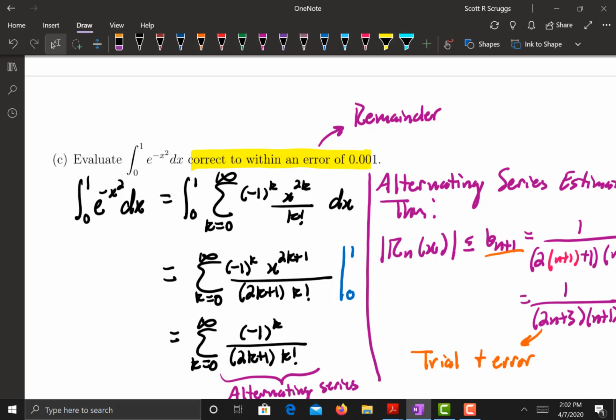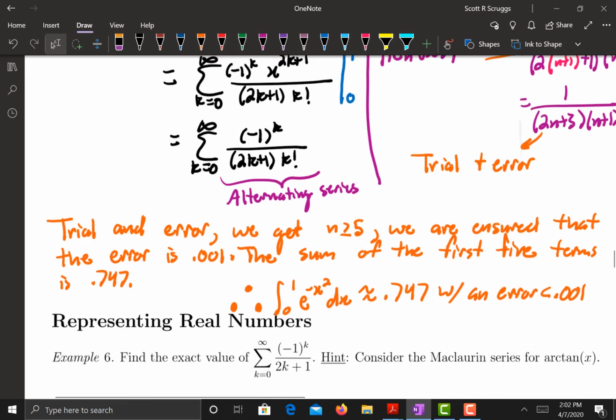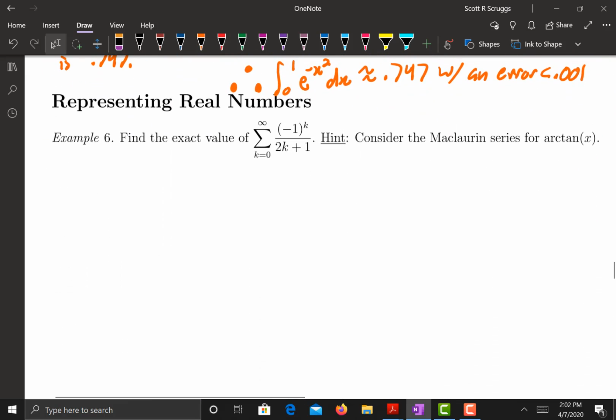We essentially use our technique from before, do a power series, then bound it, and find the remainder of that power series. But now let's do something else and talk about how to represent a number as a form for a power series. So for this example, I want to find the exact value of that series.